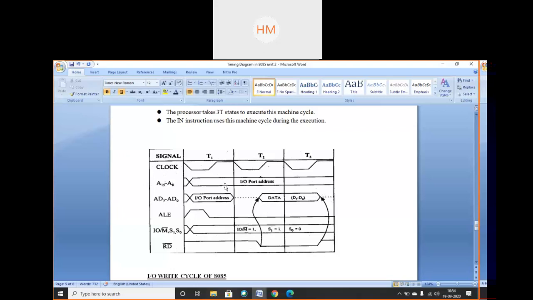And the addresses are mentioned in A15 to A8 lines and AD7 to AD0 lines. ALE high means lower order address bits are transferred during the T1 clock cycle. Anything else? Clear?